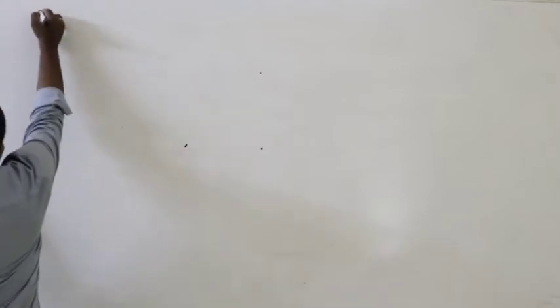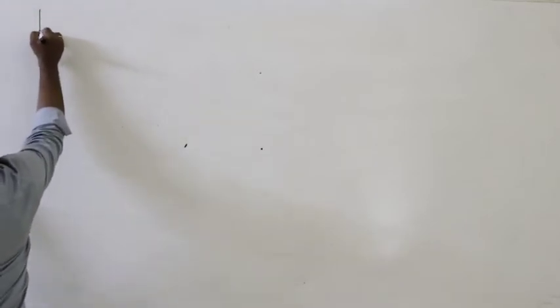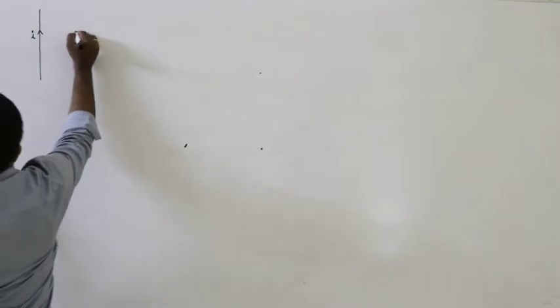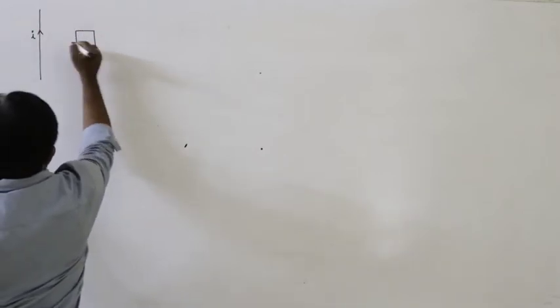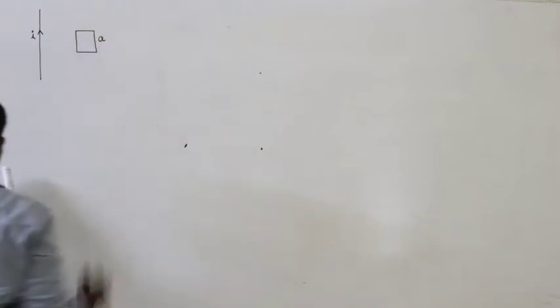So one more application here is one more example. A square loop of side A is placed in the same plane as a long straight wire carrying current I. So this is the long straight wire carrying current I, and a square loop of side A is placed like this.